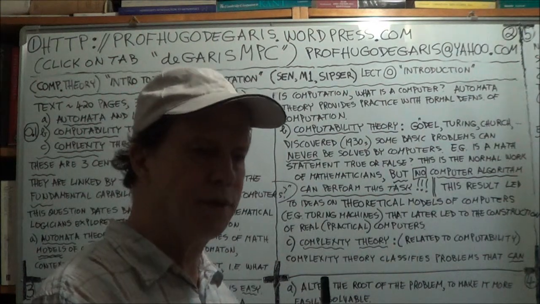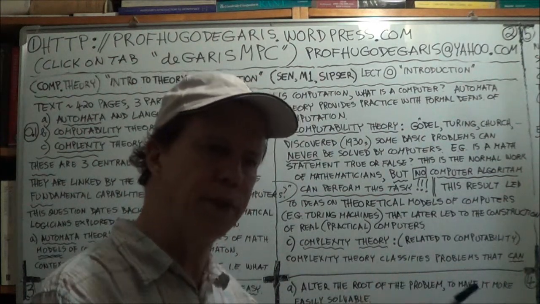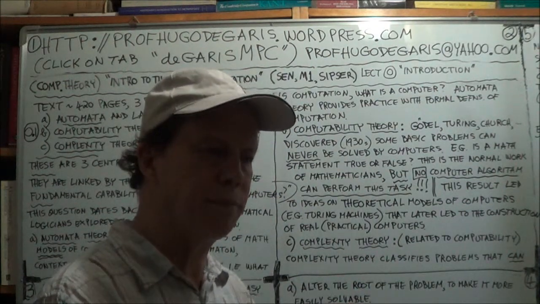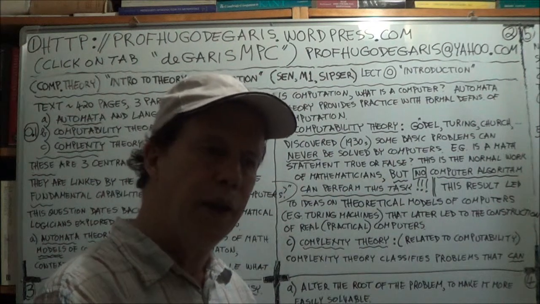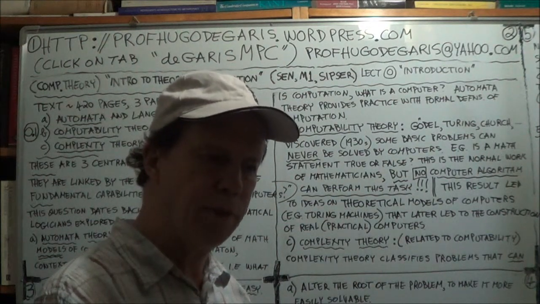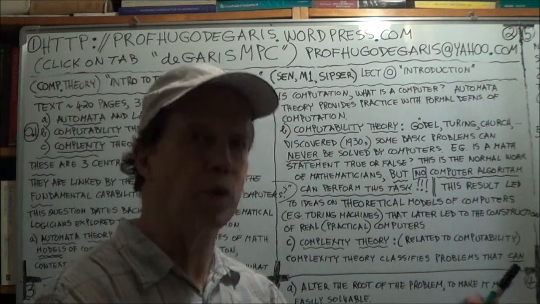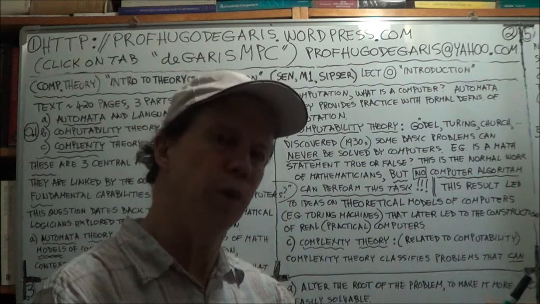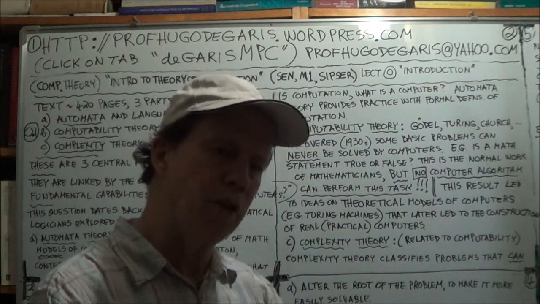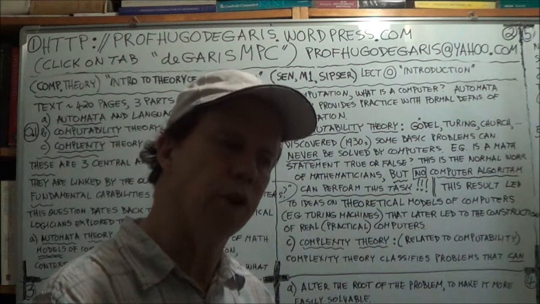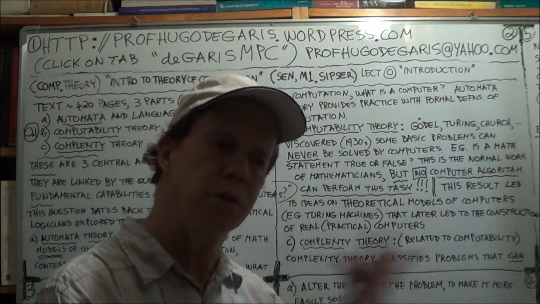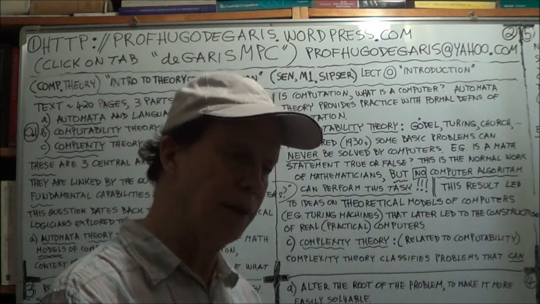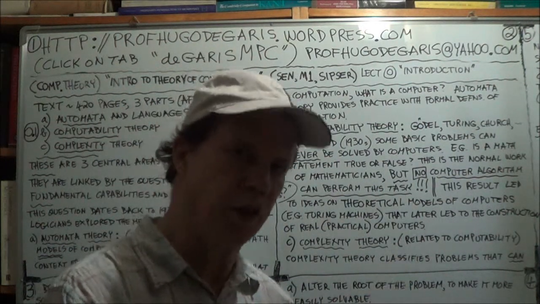Can you have a computer into which you put some computer program, a general machine that can tell yes or no whether the program that goes in will halt or not? Will it stop? Will it be computed or not? And that's the halting problem.